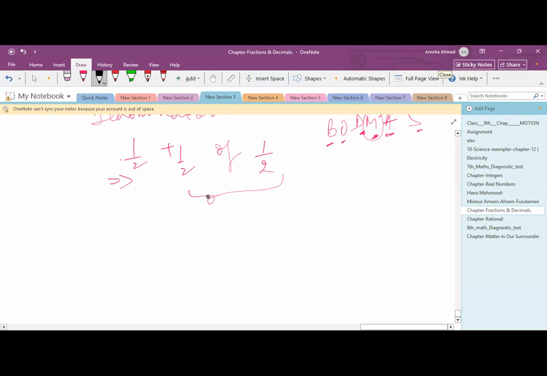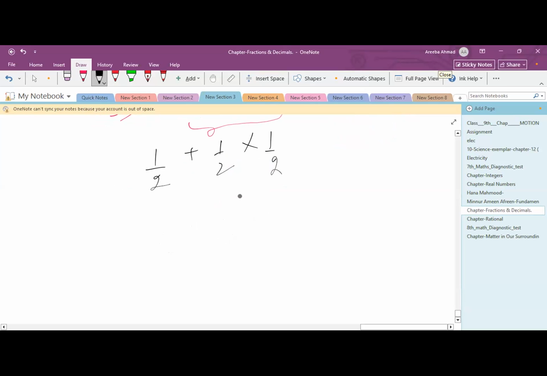1 by 2 into 1 by 2, right Hana? Now tell me, what will I get? 1 by 2 into 1 by 2 plus 1 by 2. Exactly, so this will be 1 by 4. 2 twos are 4, 1 into 1, 1. Now add it. 1 by 4 plus 1 by 2.